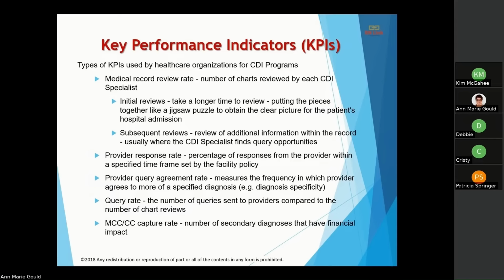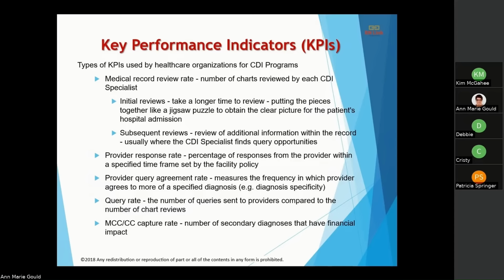Query rates are another big thing. This is where the number of queries sent to the providers is compared to the number of chart reviews. Just keep in mind, if you do query rates, once the providers learn certain things, even though you get new ones, like if you're in a hospital teaching facility, you get new residents. So of course your query rate's going to be up again.